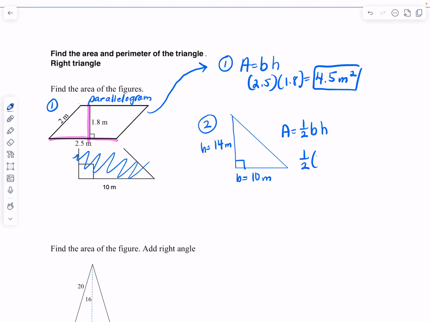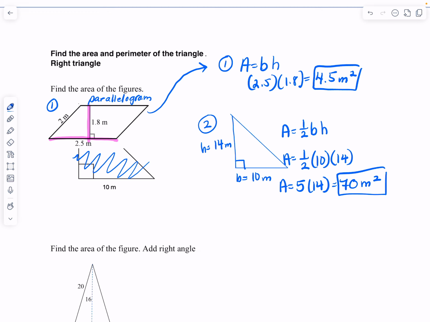So 1/2 times 10 times 14. 1/2 of 10 is 5, and 5 times 14 will give me 60. Or no, 70, sorry. Okay, so this is 70 meters squared.